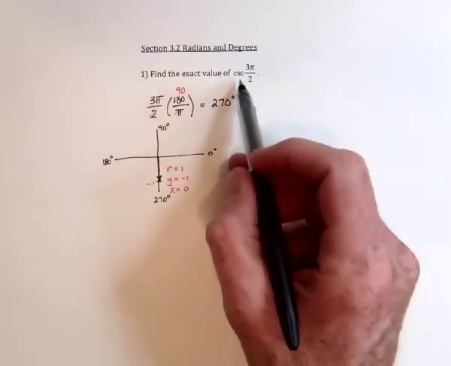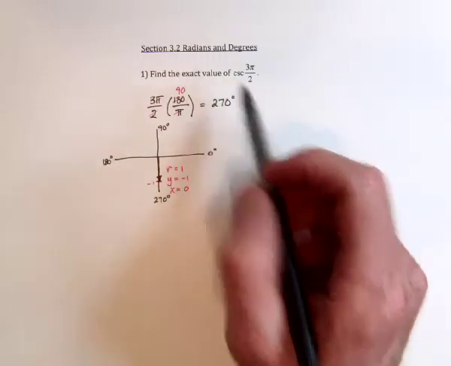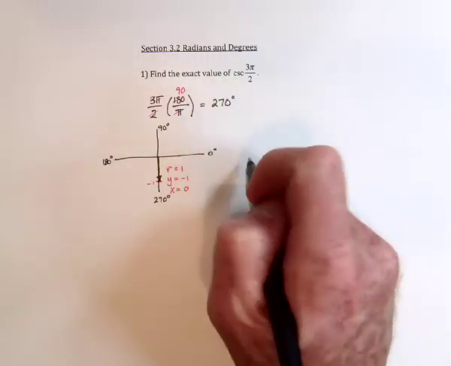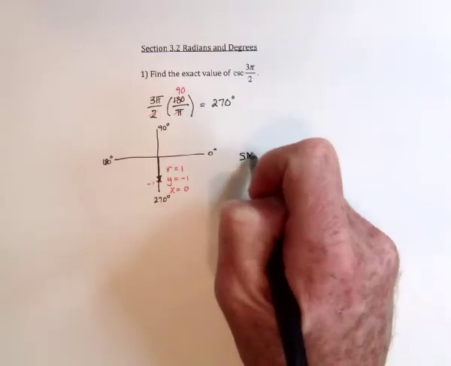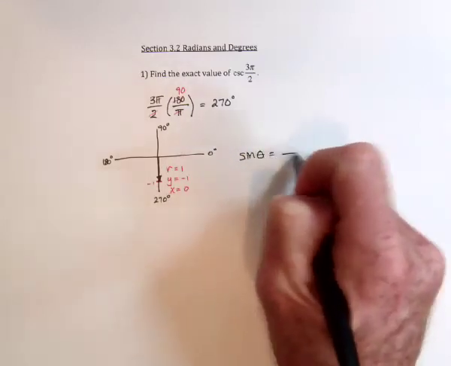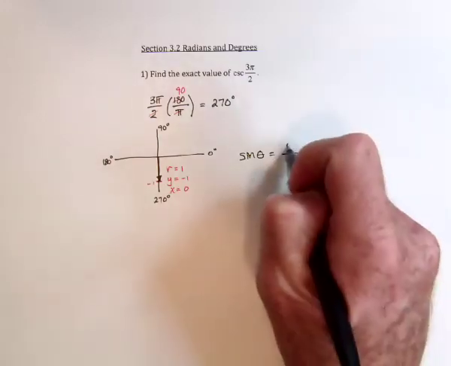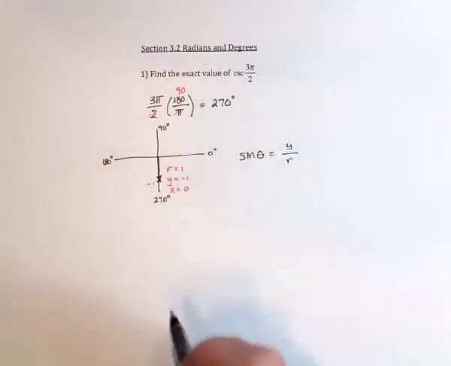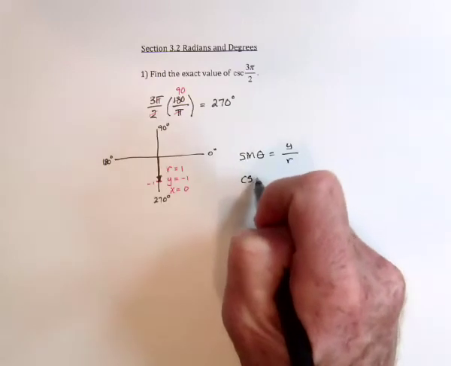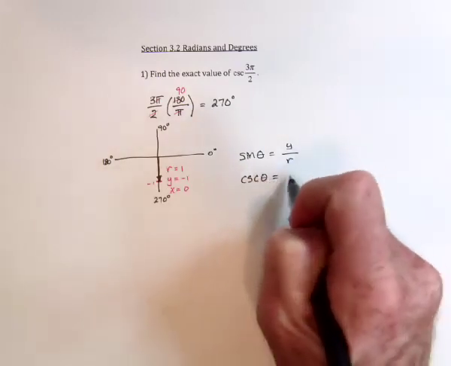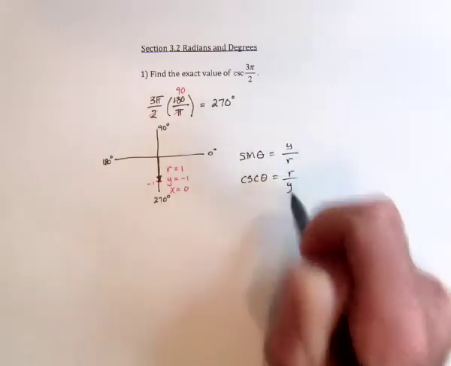Well, cosecant, that's from 1 over sine. And so sine of theta, just as a reminder with the x, y, and r system, is y over r. That means cosecant is r over y.